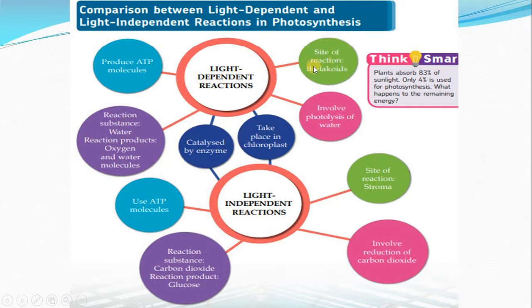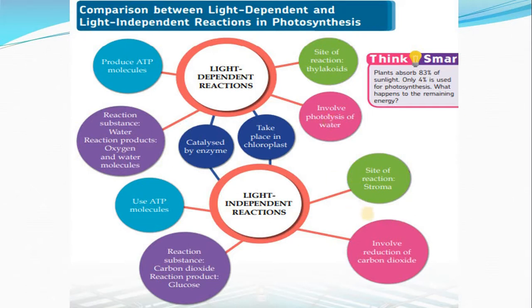Go to the green color. The site of reaction for the light dependent reaction is the thylakoid, and the light independent reaction occurs in the stroma. Then the pink color: the light dependent reaction involves photolysis of water. Make sure you remember what photolysis of water is. It is the breakdown of a molecule of water into hydrogen ion and hydroxide ion.